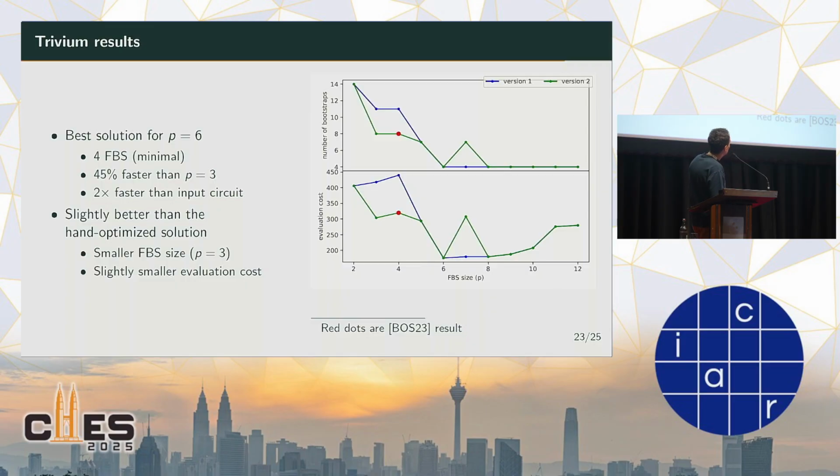In red is the result proposed in Bon 2023. Our heuristic finds the same number of bootstraps and the same evaluation time. Besides, we can even find a solution with the same number of bootstraps but with a functional bootstrapping size of 3, which in practice gives us a slightly better evaluation time.